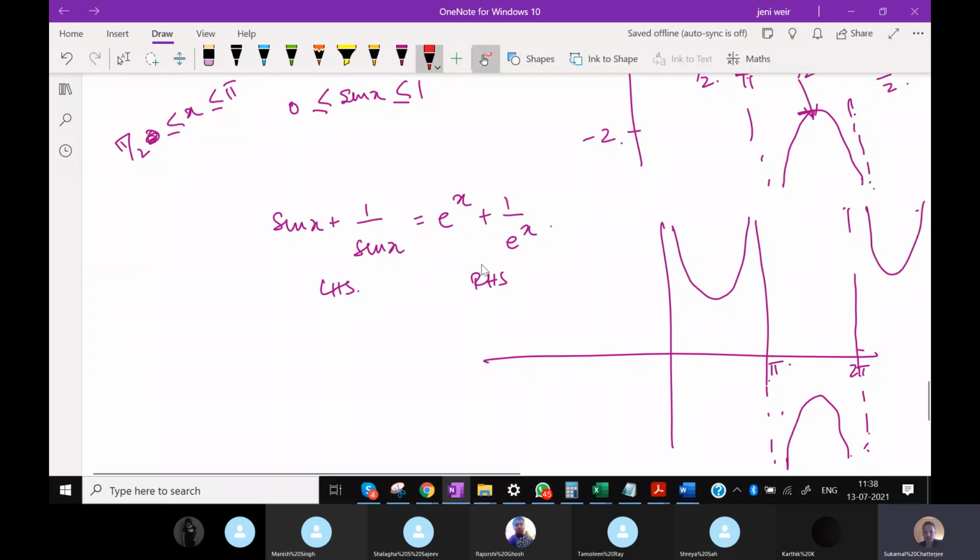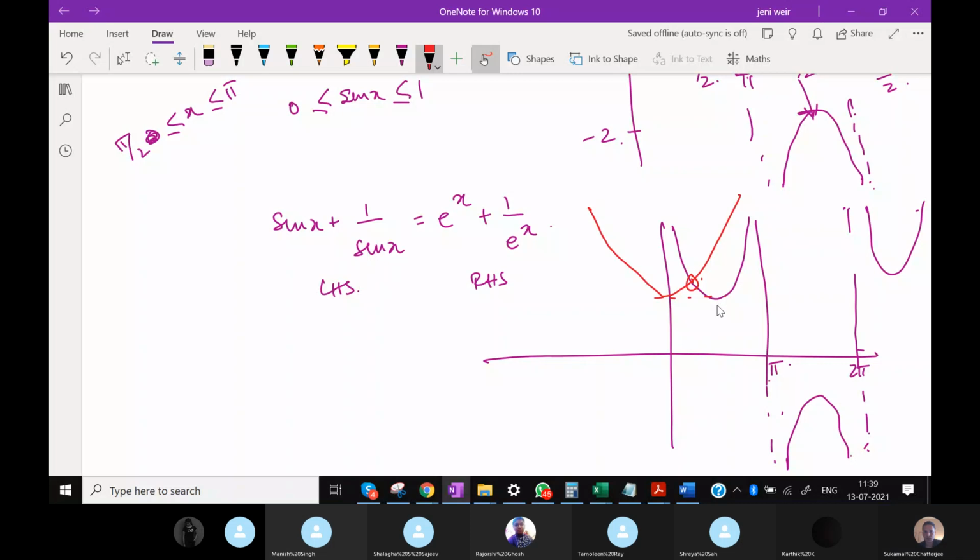And on the right-hand side, I have e to the power x plus 1 by e to the power x, which will be a graph which is going to be like this. So that means it will have one point of intersection here, which will lie in the first quadrant.